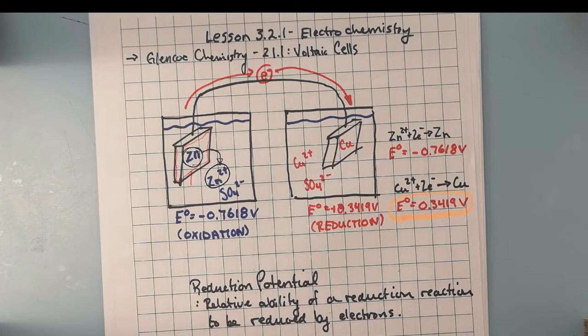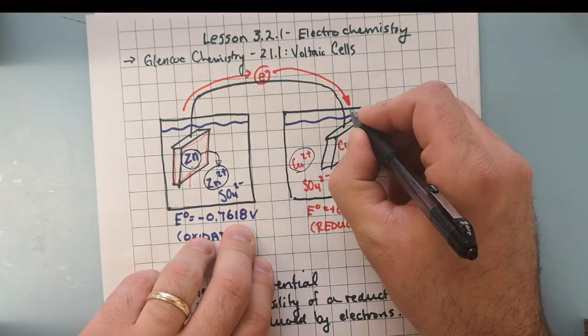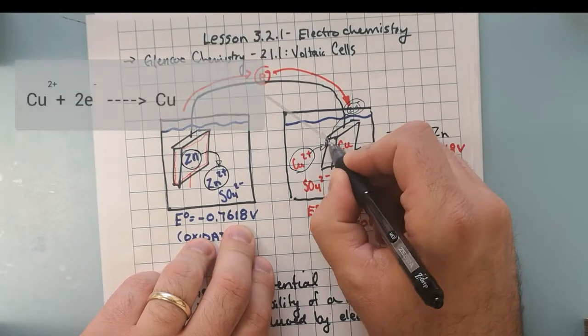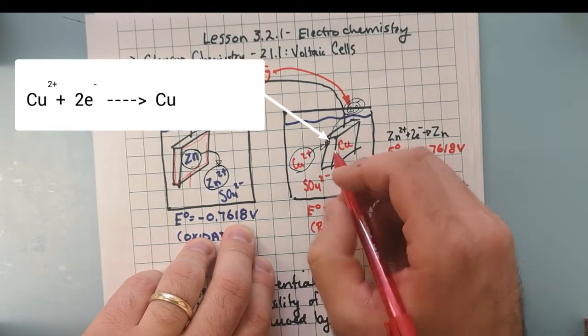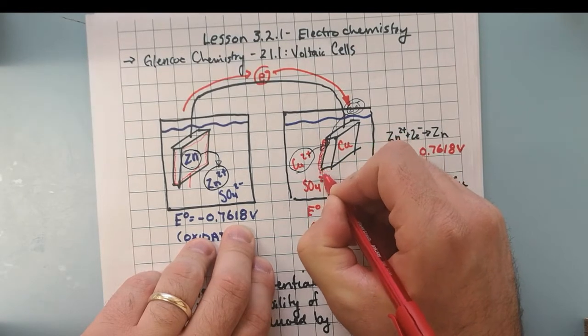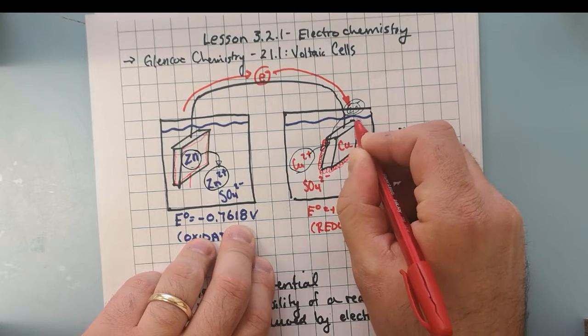On the other hand, our copper ions in solution are going to accept these electrons. And they're going to add another layer of copper atoms on top of this copper electrode. Our copper electrode will increase in size as copper ions are reduced and the metallic lattice is extended.